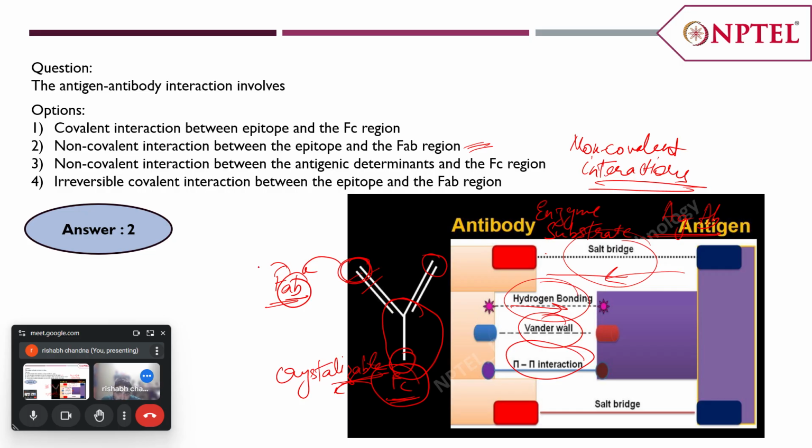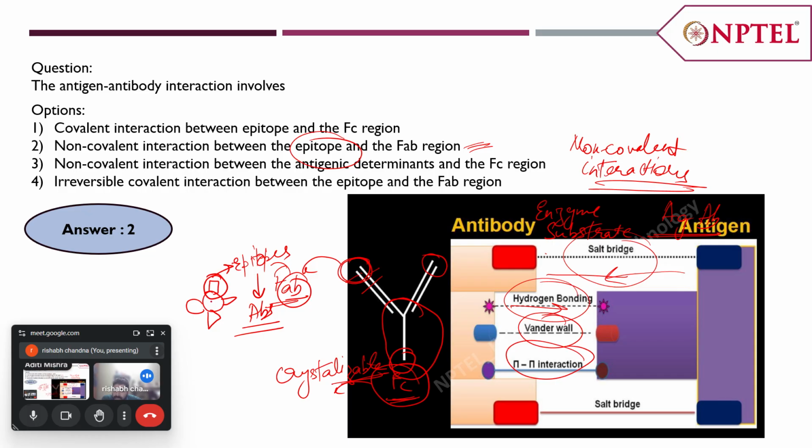Now these epitopes that we are talking about: as I told before also, an antigen is a bigger protein. This antigen would have different parts that can be recognized by an antibody. These parts are basically the epitopes that are recognized by different antibodies.